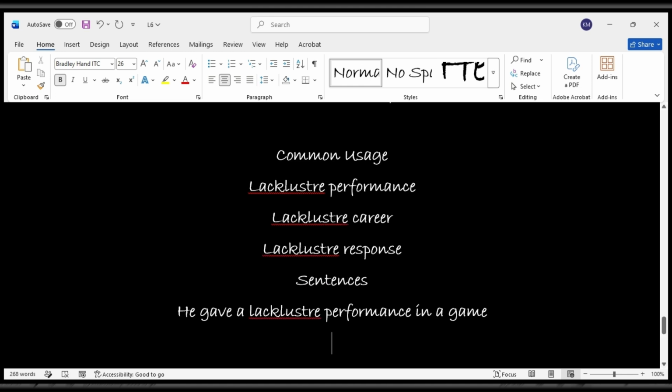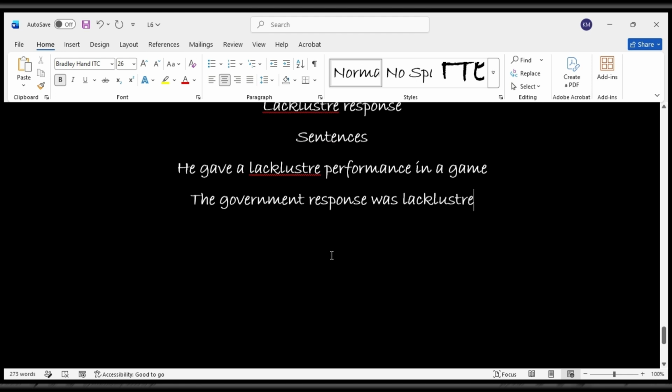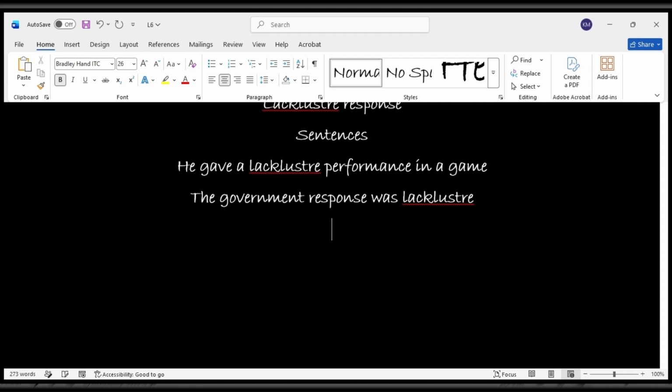Another sentence: if we form the government, the response was lackluster. So, lackluster as an adjective we have used in the first sentence with the noun performance, and in the second sentence we have used the adjective lackluster with the noun response. Okay. Now, how to memorize it?